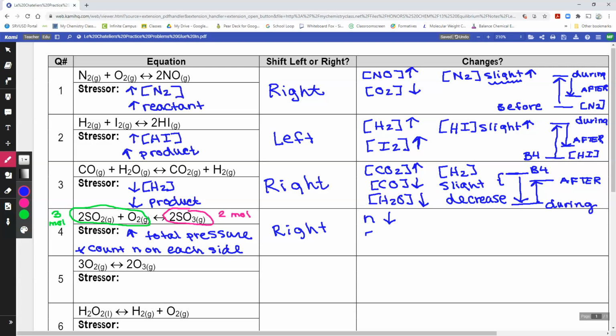If I'm going to look at my concentration of SO3, when I proceed to the right, that concentration will increase. The concentration of SO2 and the concentration of oxygen, since they're being used up, will both decrease.